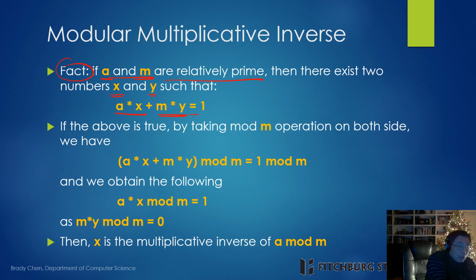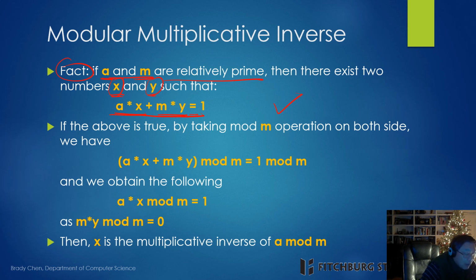We don't prove it, but let's assume this is a fact. Based on this, we can easily find the multiplicative inverse of a modulo m. If for a and m we can find two numbers x and y such that a times x plus m times y equals 1, then we solve the problem.